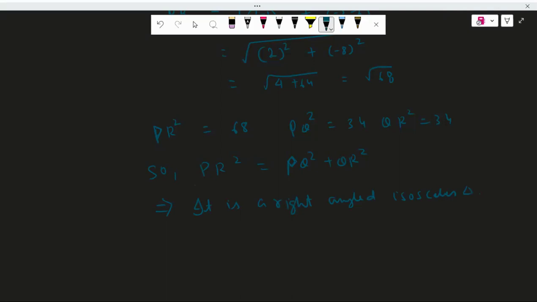Because PQ equals QR equals root over 34 units, so the lengths of the legs are also equal. So this is a right isosceles triangle.